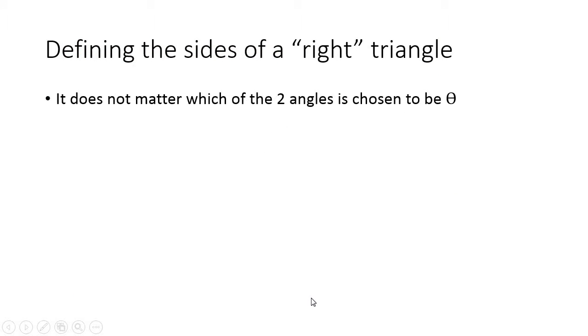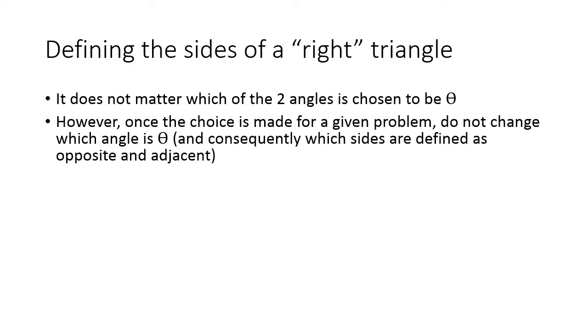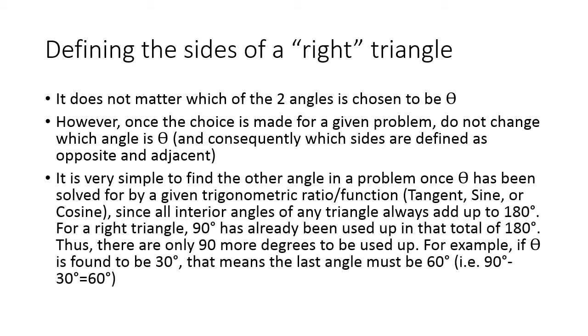So it doesn't matter which of the two angles is chosen to be theta. However, as I mentioned, once the choice is made for a given problem, what angle is chosen to be theta and labeled, do not change which angle is theta, and consequently which sides are defined as opposite and adjacent. It is very simple to find the other angle in a problem once theta has been solved for by a given trigonometric ratio function, tangent, sine, or cosine, since all interior angles of any triangle always add up to 180 degrees.